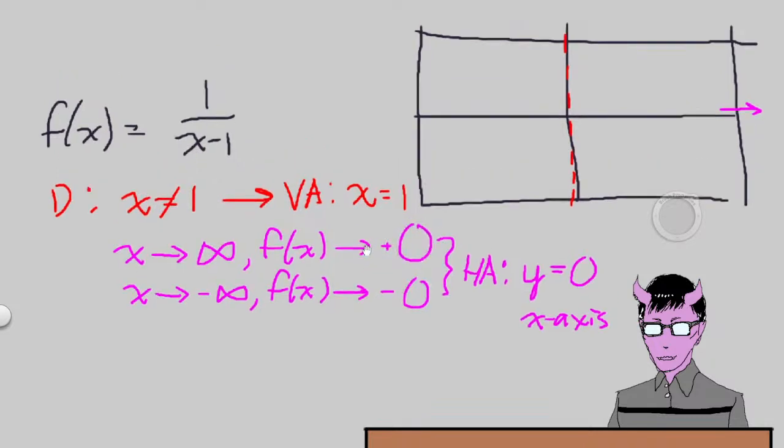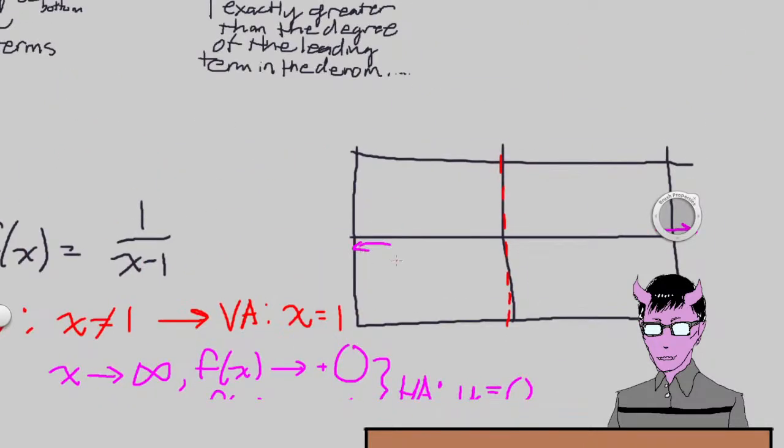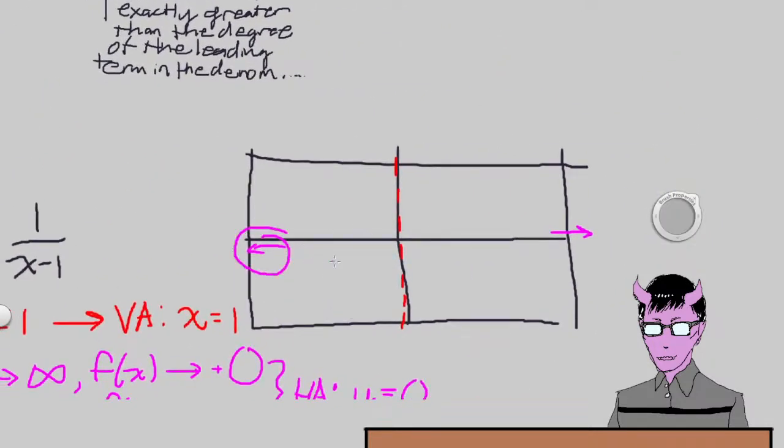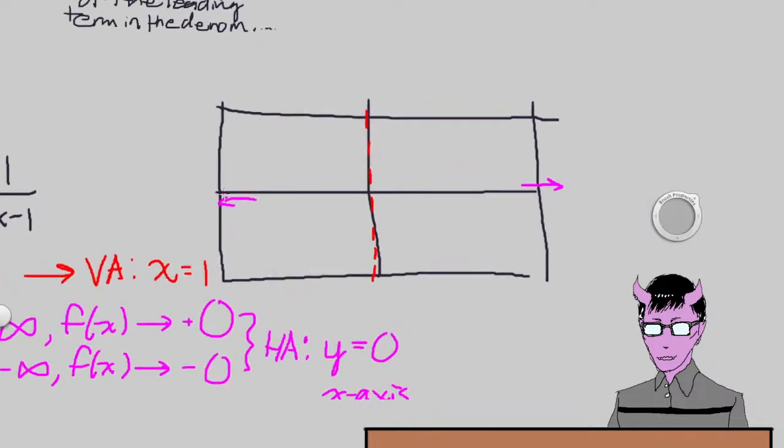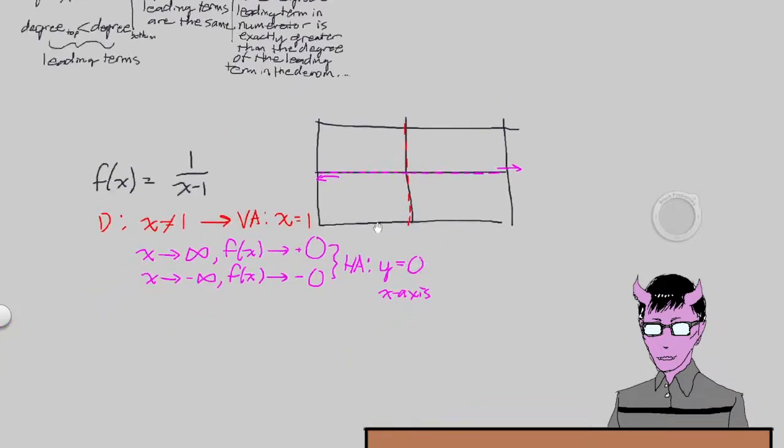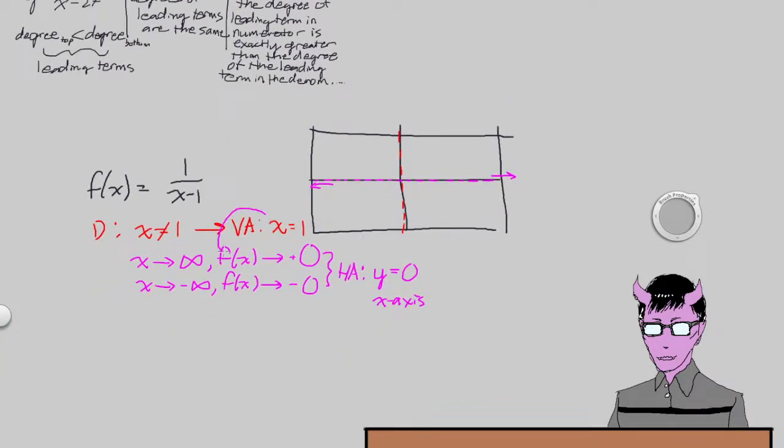But they're still negative, which is why we are below the x-axis. So we have this long-term trending pattern, and we have this long-term trending pattern for the other side, and that summarizes the horizontal asymptote. Notice that both of these arrows are sandwiching the x-axis, or y is equal to 0. Alright. So we have our vertical asymptote there, and we have our horizontal asymptote there. So all we need to do is finish the rest of the graph.